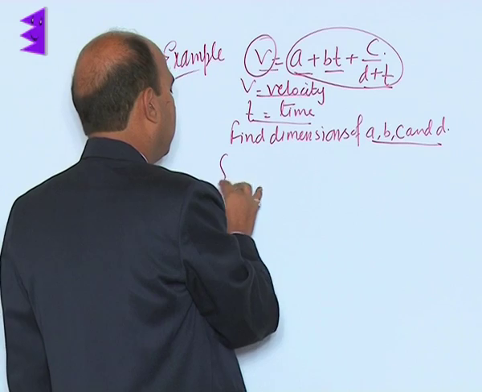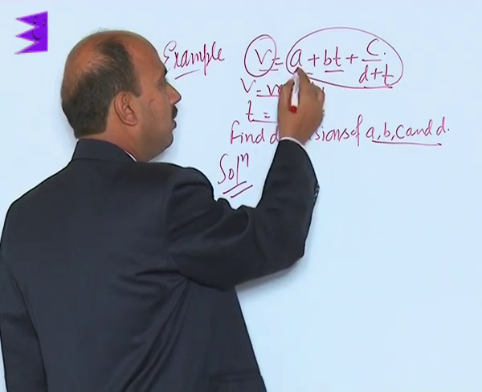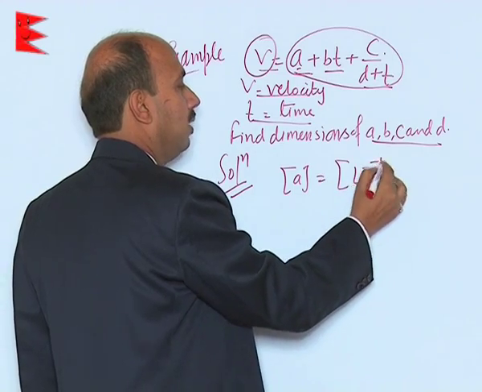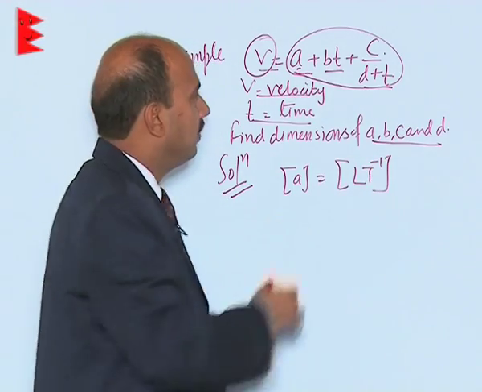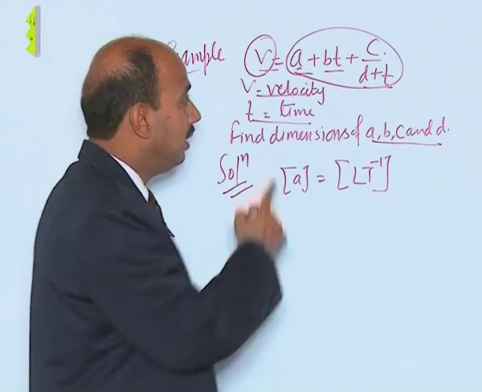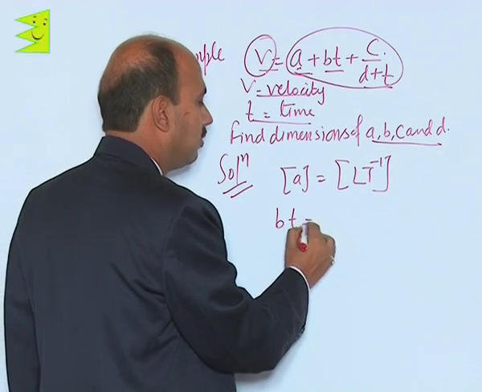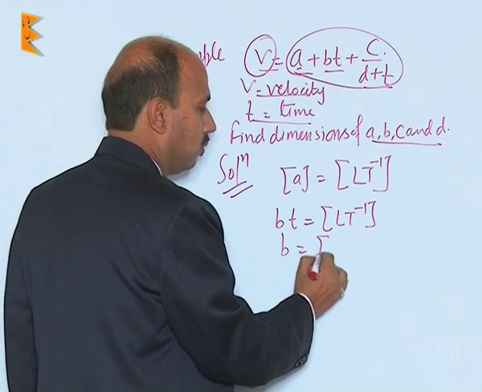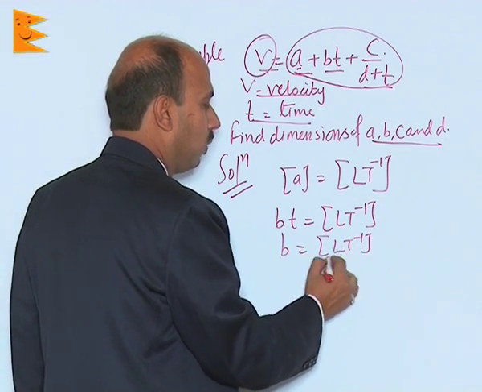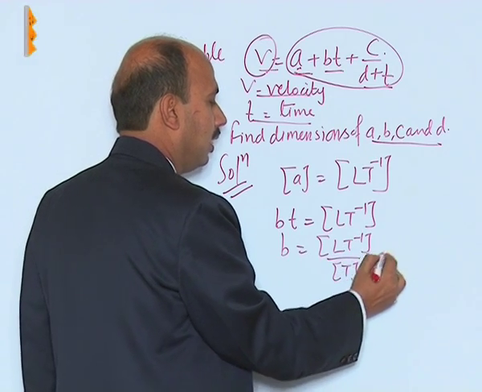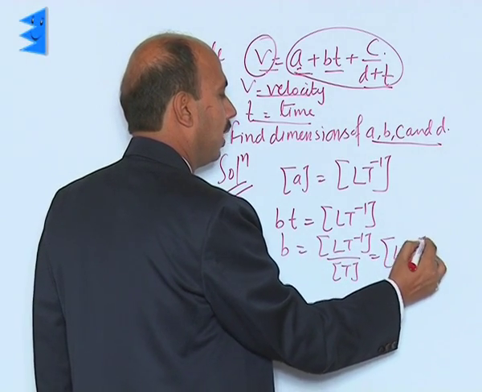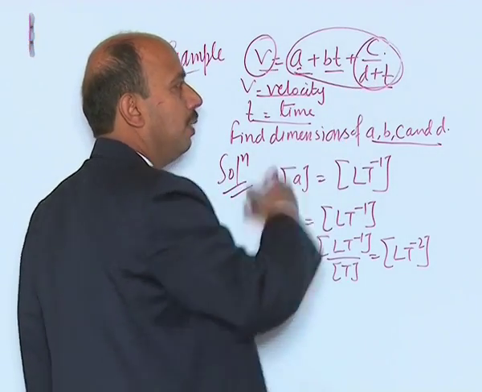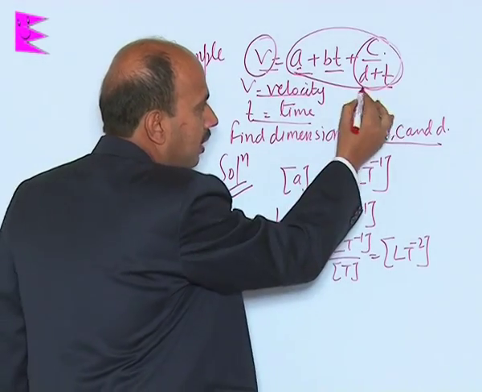So, obviously, here the dimensional formula of A is L T raised to power minus 1, because V is velocity here. Similarly, the dimensional formula of Bt is equal to L T raised to power minus 1. So, B is equal to L T raised to power minus 1 divided by T, that is L T raised to power minus 2. Now, come to this term C upon D plus T. D and T are added together.